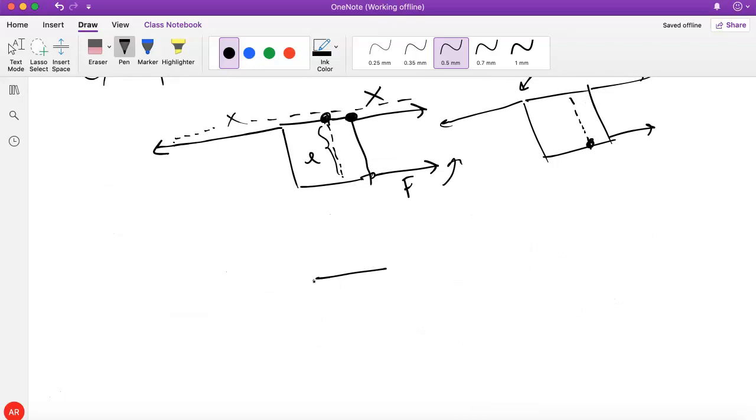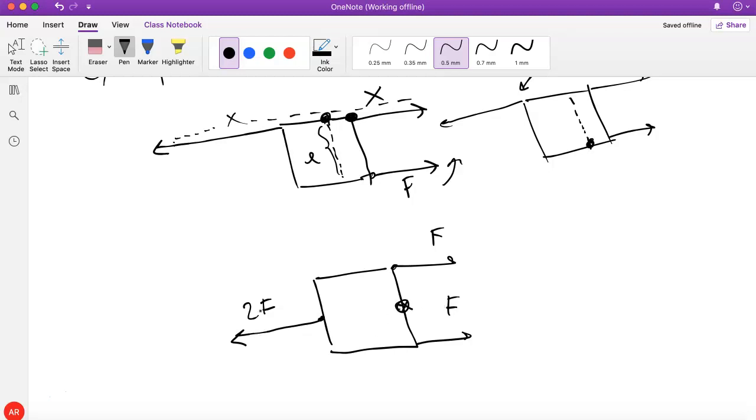It's just the same thing. These forces are the same here and here, but this other force is applied in the middle.